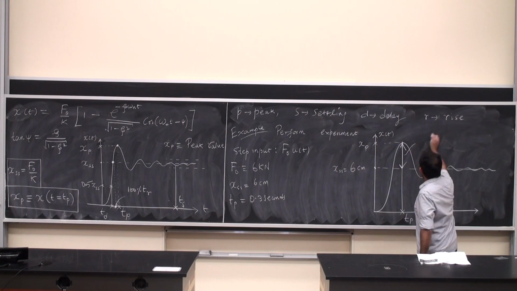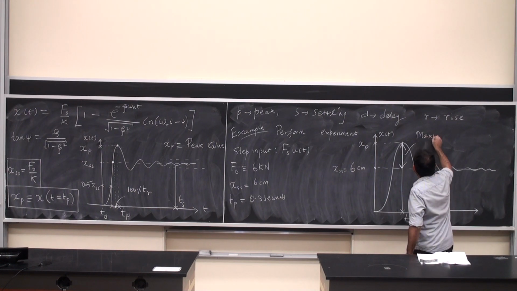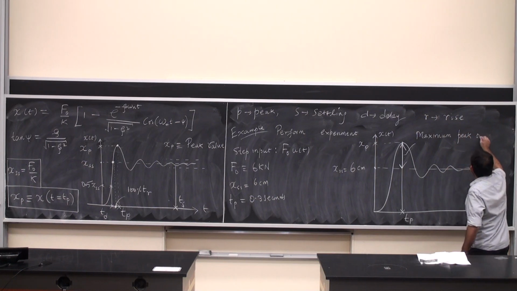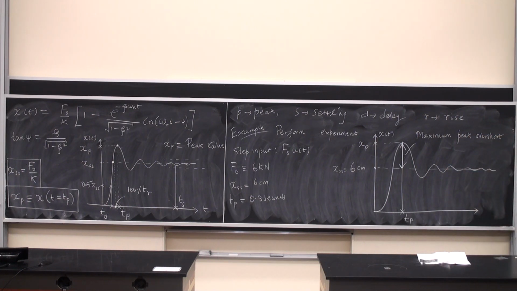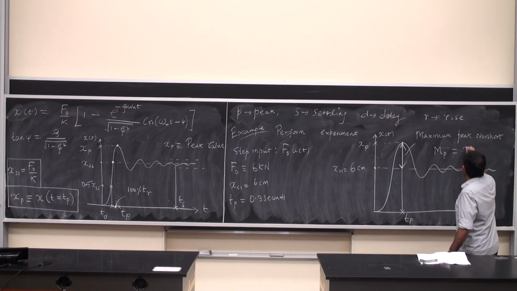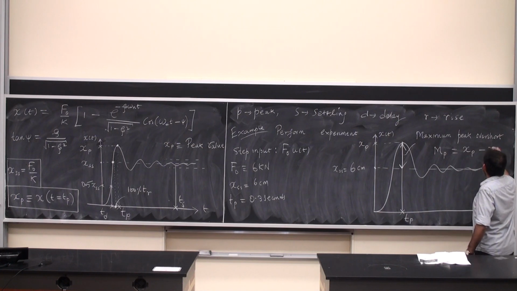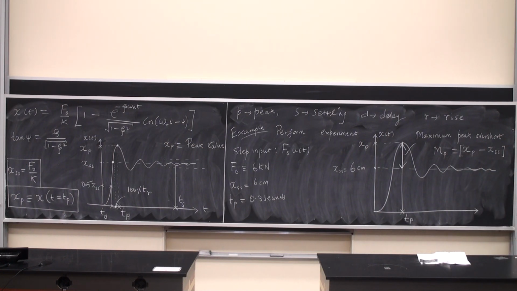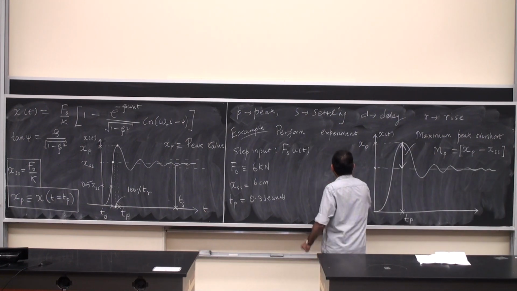So this is the maximum peak overshoot. It is given as M suffix P, which is X peak minus X steady state. I'm going to erase this and write just X steady state here.